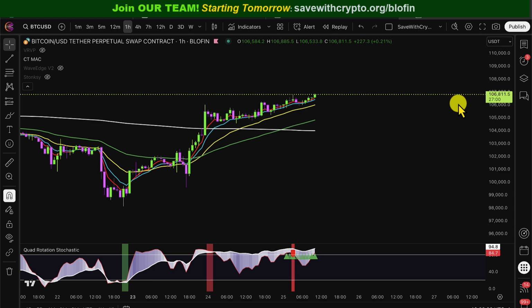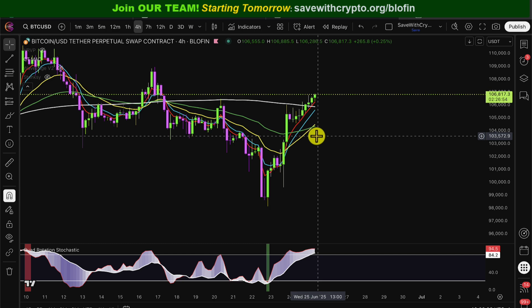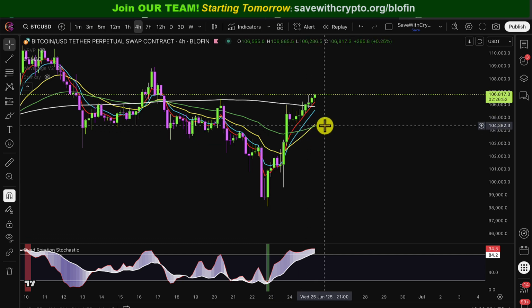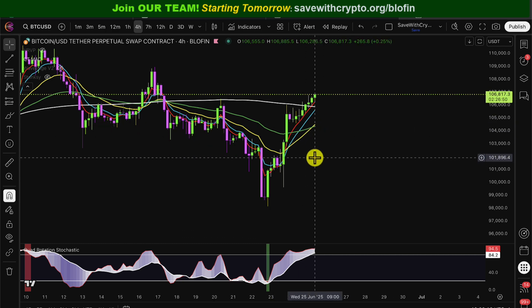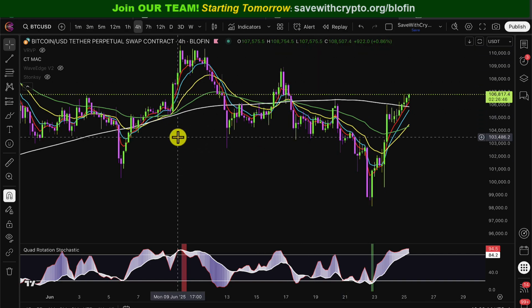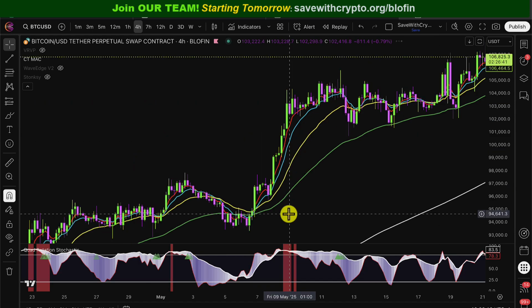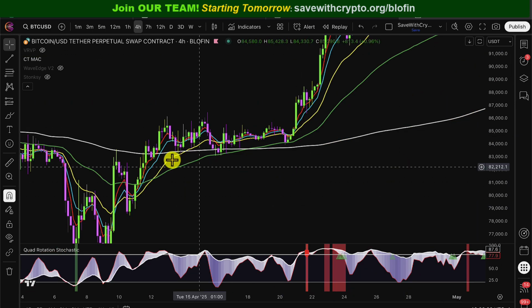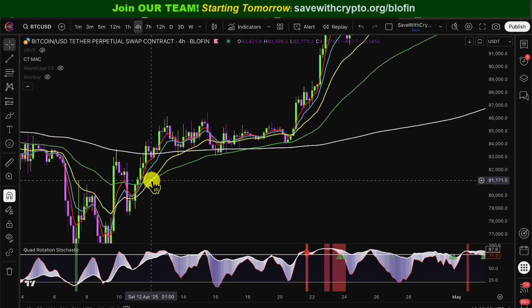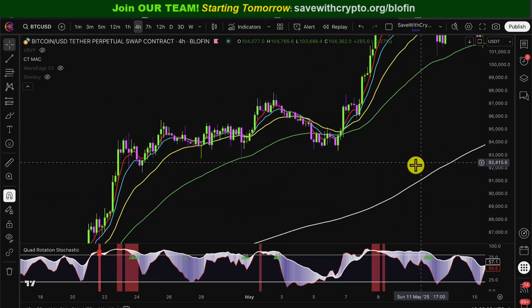Now there are some other bullish things to note as well. In particular, if you look at the 4 hour time frame, you can see that we've just got a cross here with the 21 and 55 EMAs. That is very bullish. I mean, that happened here, and then the price went like that. That happened here on April the 12th, and the price went up for a long time.